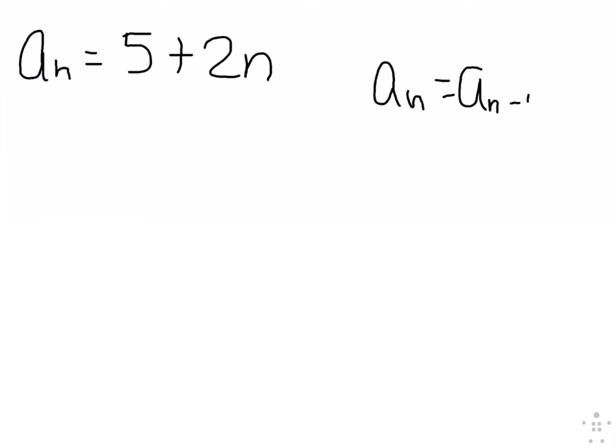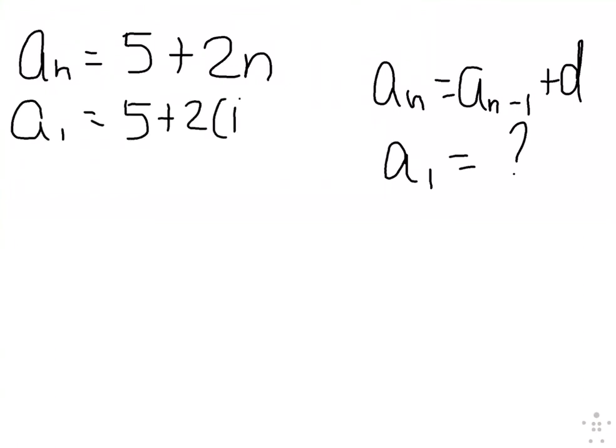14. A sub n equals 5 plus 2n. Is that arithmetic or geometric? That's arithmetic, because we have adding or subtracting going on. So in order to write the recursive rule, remember it's a sub n equals a sub n minus 1 plus d, and then a sub 1 equals a number. That's what we have to have. So, in order to figure it out, one of the things you could do is A1 equals 5 plus 2 times 1.